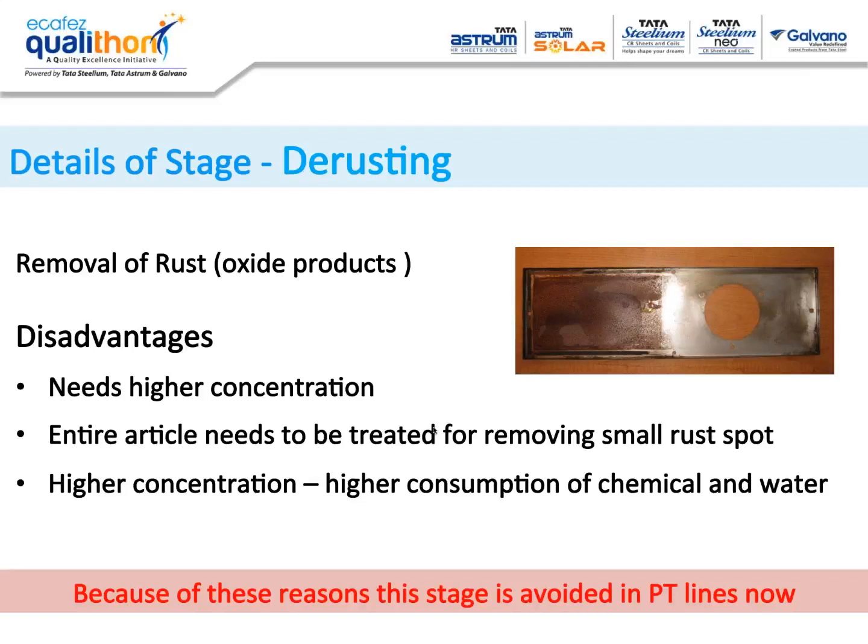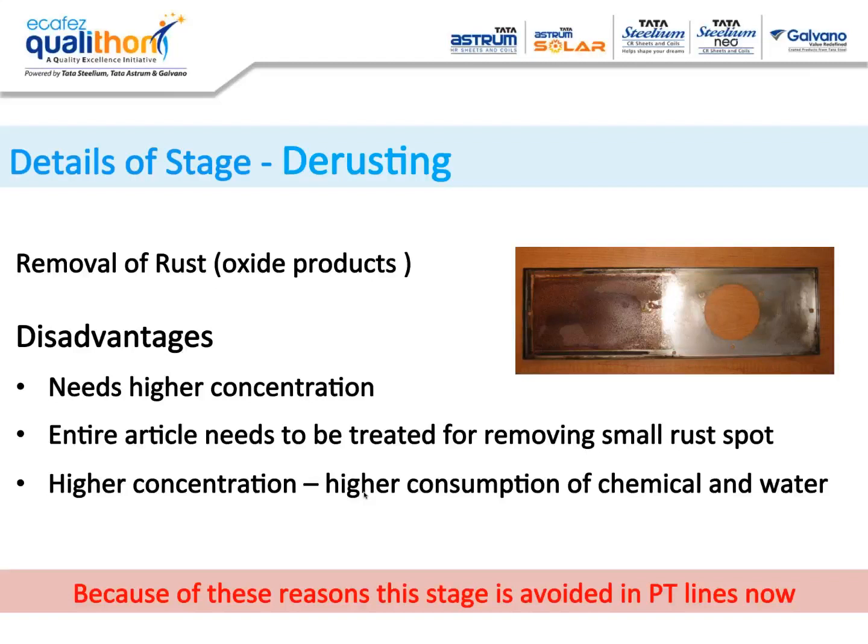Then the fumes which come out of this particular tank will definitely harm your structures and surroundings in your factory. So basically, don't use it. If at all you want to use this, there are certain de-rusting chemicals available which are phosphoric acid based.